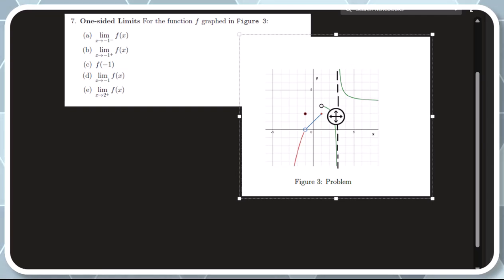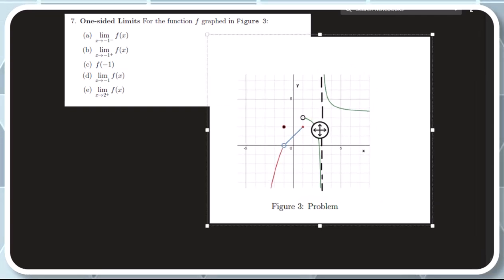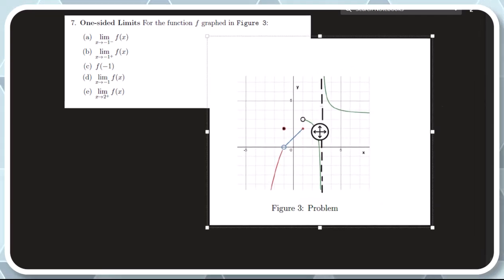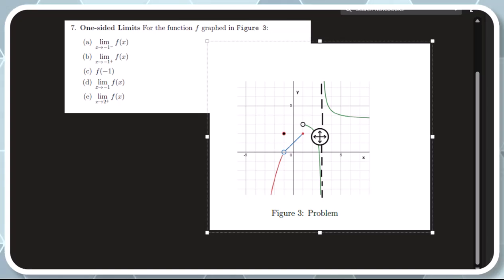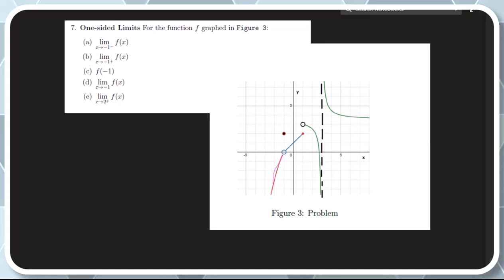So I want the limit as x approaches -1 from the left. So here's -1 from the left. What is the y value when I get to -1? I travel from the left until I get to where x is -1. The y value there is 0. As I travel from the right, when I get to -1, the y value there is also 0.